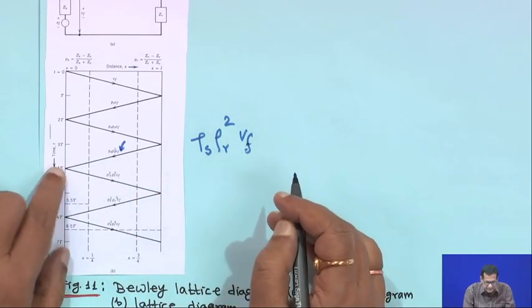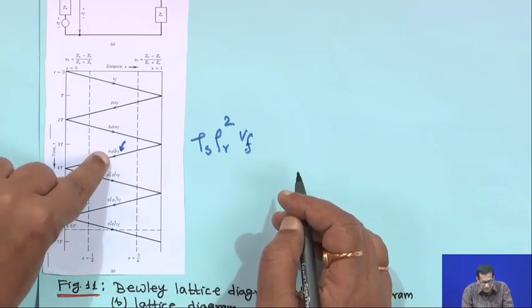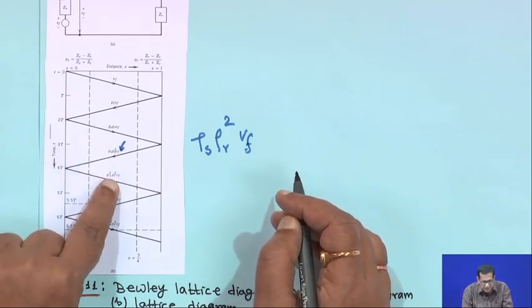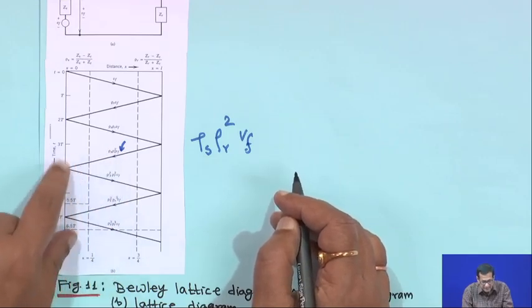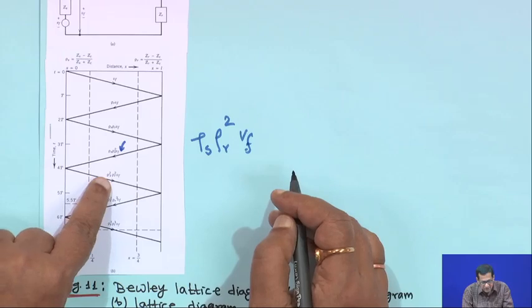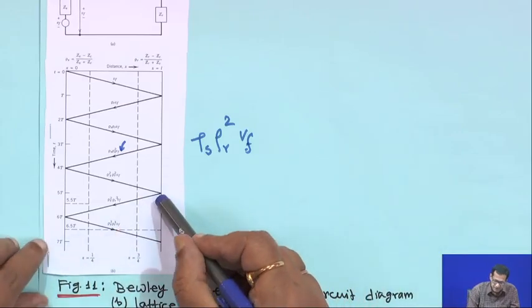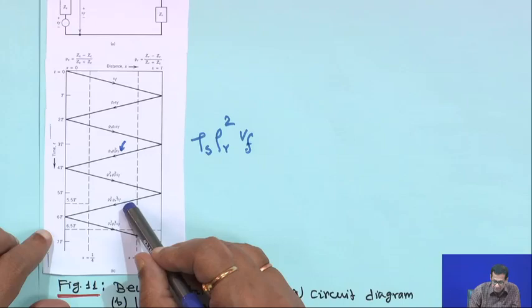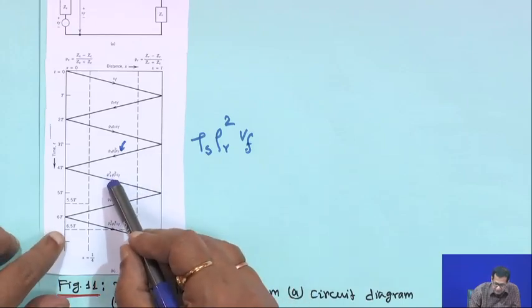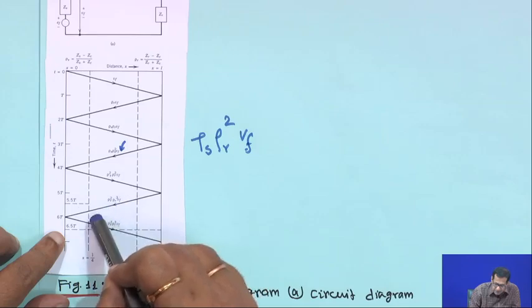Now, when it is again reflecting from the sending end, it is multiplied by rho s, so it will be rho s square rho r square into V f. Again, when it comes to the receiving end, it is reflected back and multiplied by rho r, so it will be rho s square rho r cube into V f.